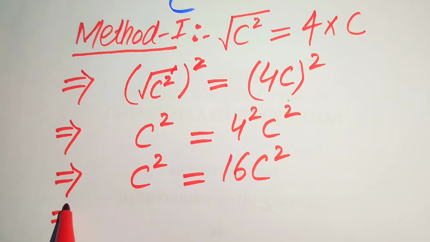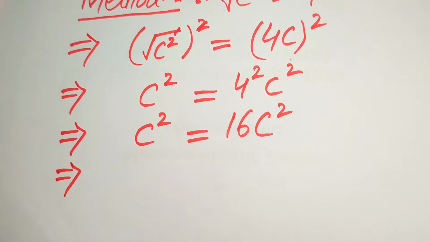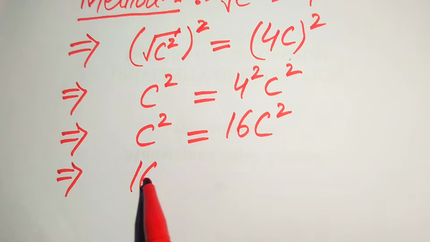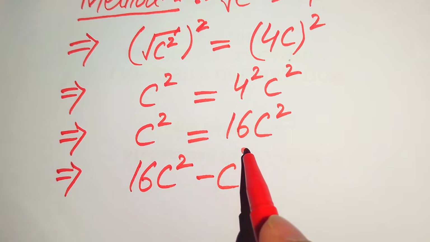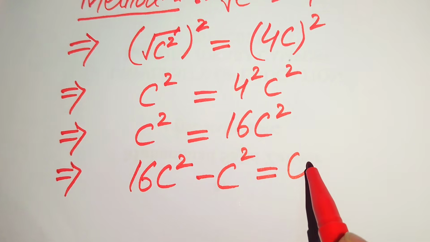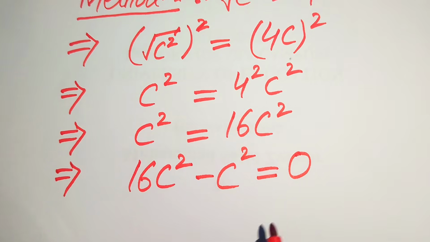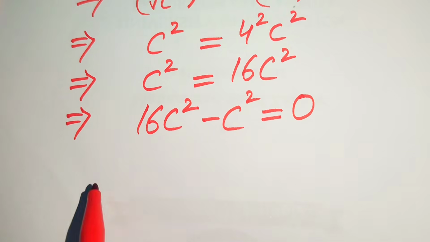And further we move the term from the left hand side to the right hand side, so we obtain here 16 times c square. This is positive c square; when we move it to the right hand side, it becomes negative c square, and this whole equation is equal to 0.